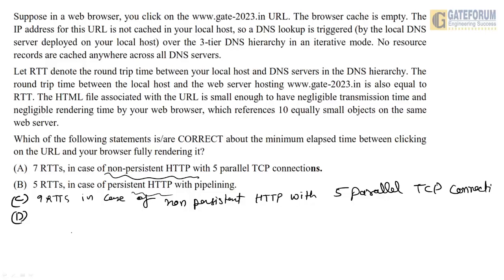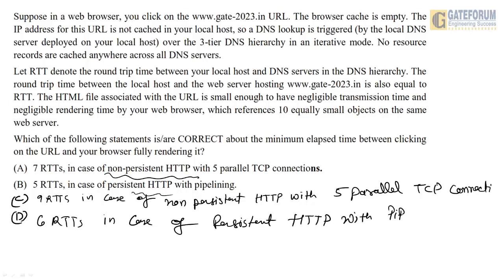And option D says that 6 RTTs in case of persistent HTTP with pipelining. Got it? Let's see here.